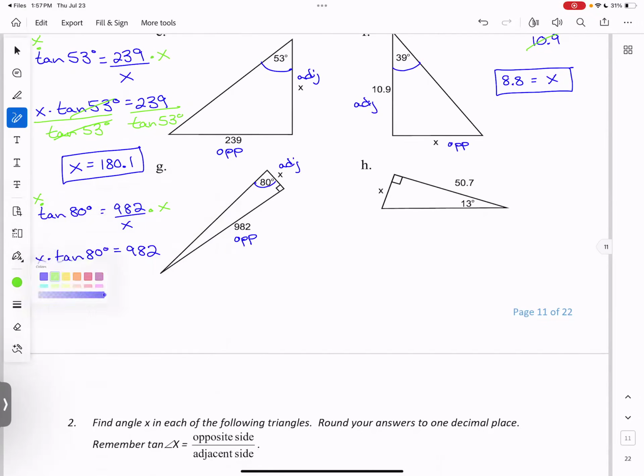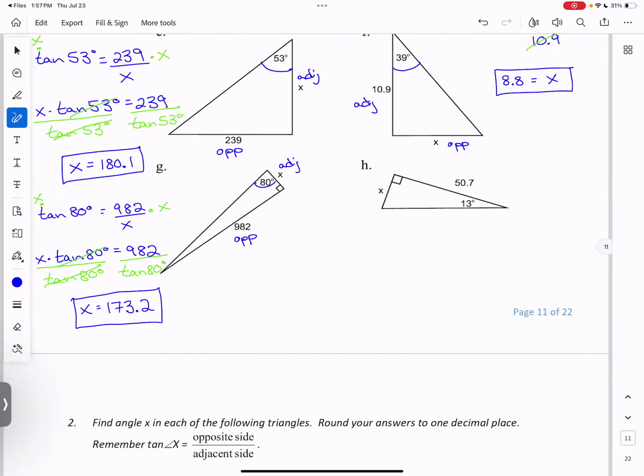And then I can divide both sides by tan 80 degrees. And so I get x is 982 divided by tan of 80, which gives me 173.2 when I round.